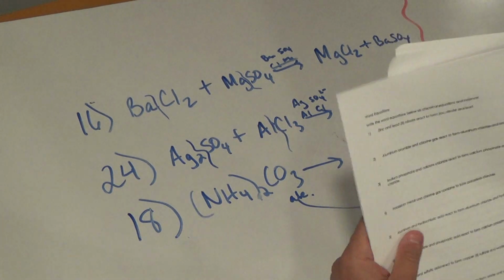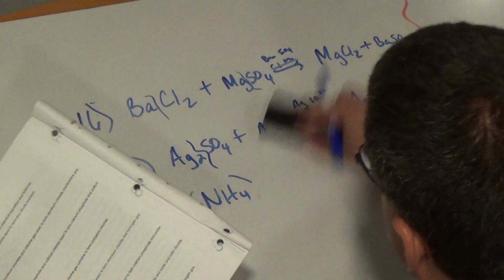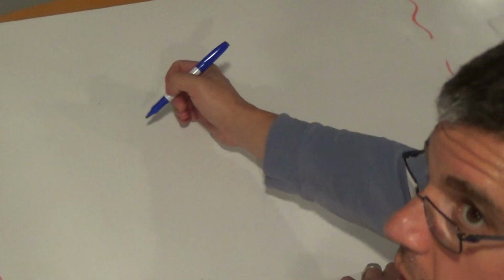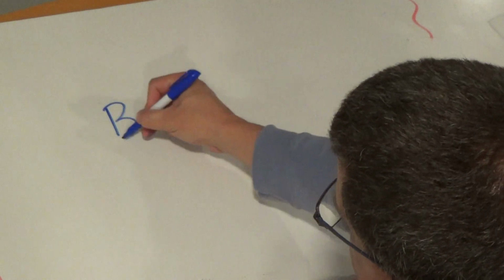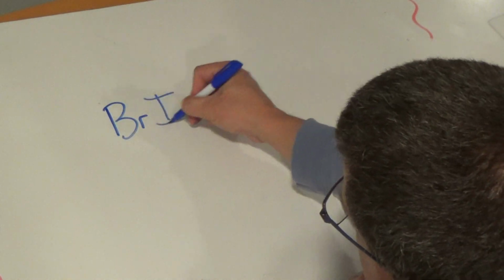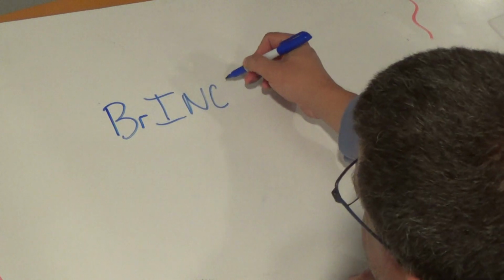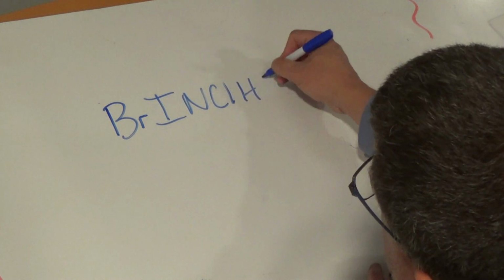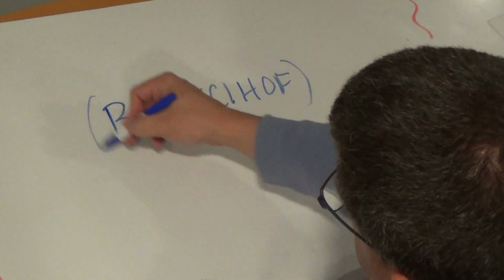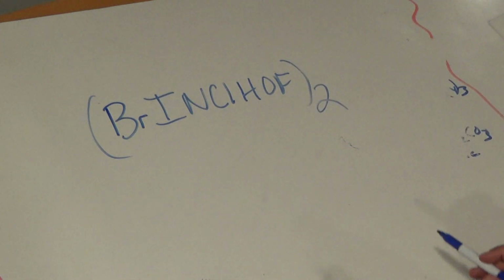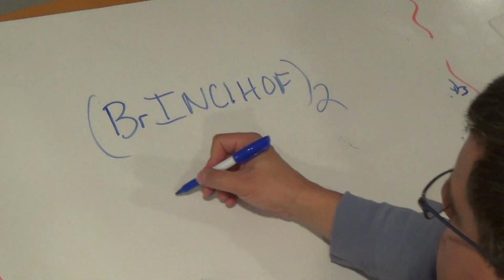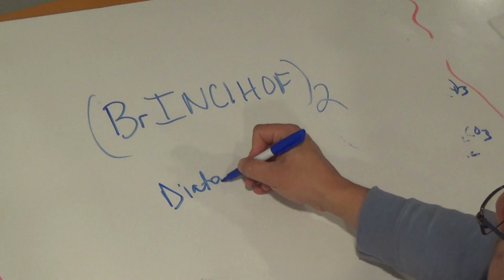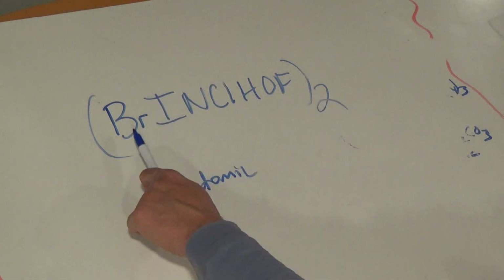But real quick, I do want to show you this. Don't forget these. We call them Brinkelhoff elements. We've mentioned them in class like once. Write this out big on your paper, and put a parenthesis around it too. Why? These are all the diatomic elements. They're all individually very reactive.